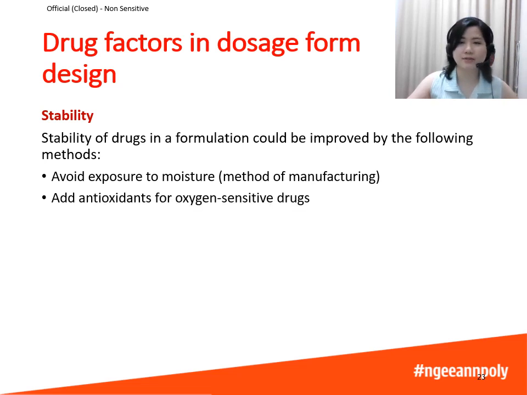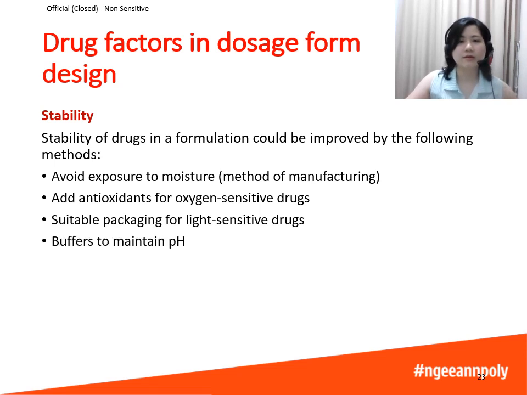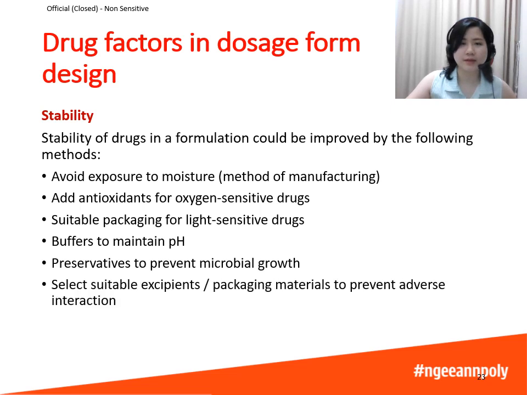Antioxidants can be added to drugs that are oxygen sensitive. Light-sensitive drugs should be packed in amber or opaque packaging. For pH-sensitive drugs, buffers can be used to maintain the desired pH. Preservatives can be added to prevent microbial growth. And excipients or packaging materials should be selected carefully to prevent adverse interactions.